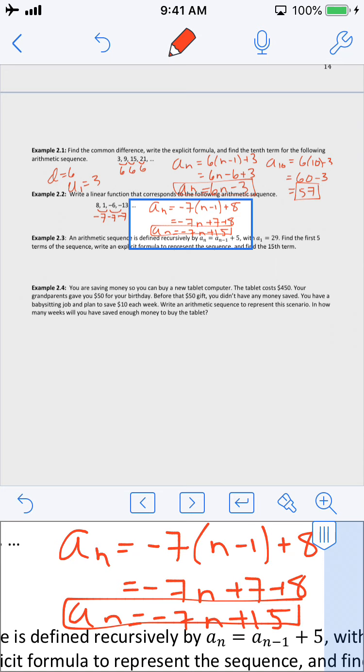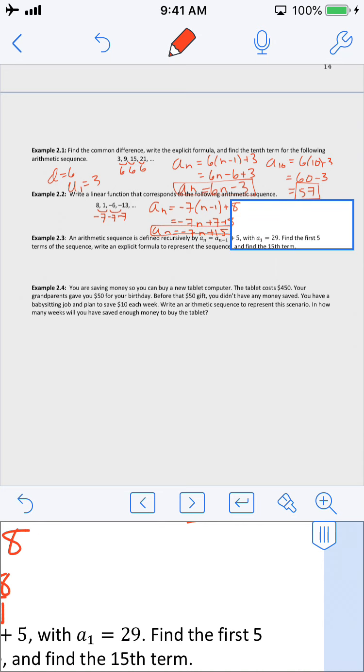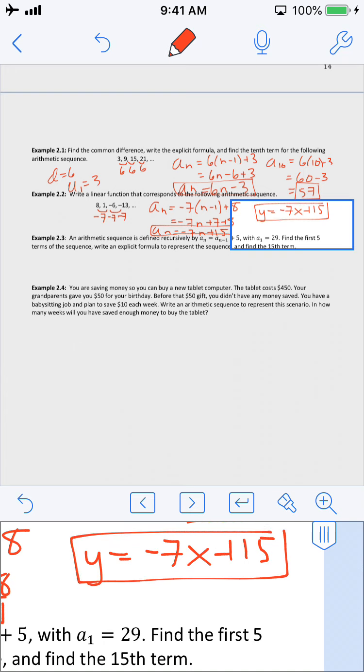That is our explicit formula, but then a linear function we already saw at the very beginning. I said we're going to come back to this. Just sub out the variables. Okay. Now these graphs would not be the same, right? The graph of y equals -7x plus 15 has no restriction of having to be a place value, right? This would just be a straight line. Solid, infinite number of responses, bunch of dots all put together.